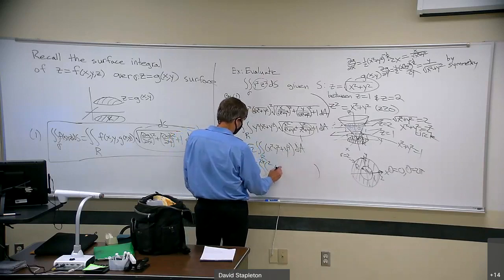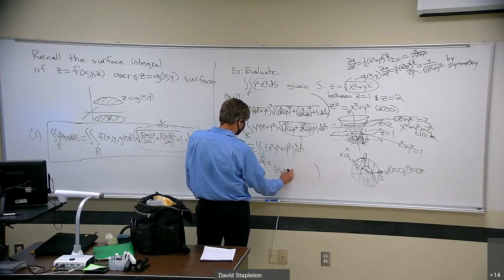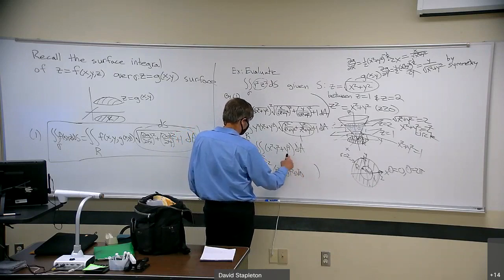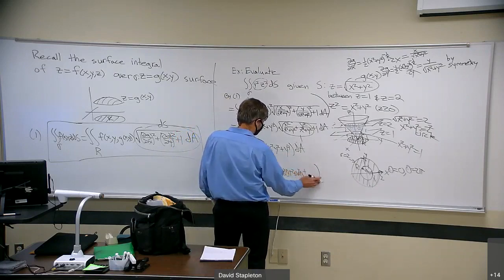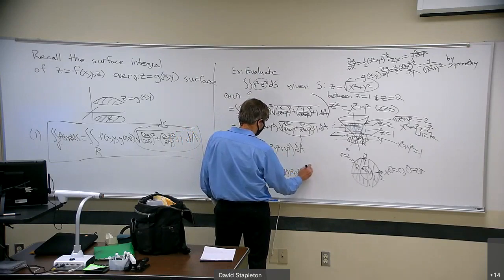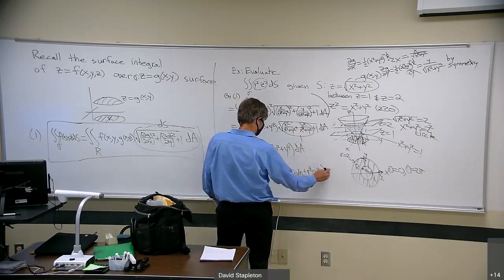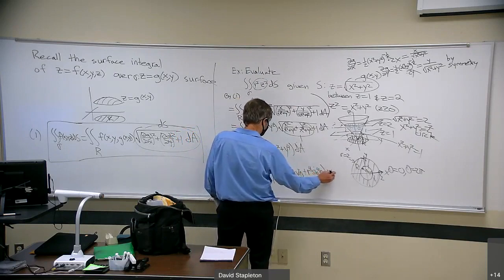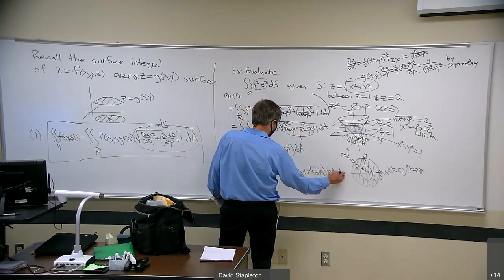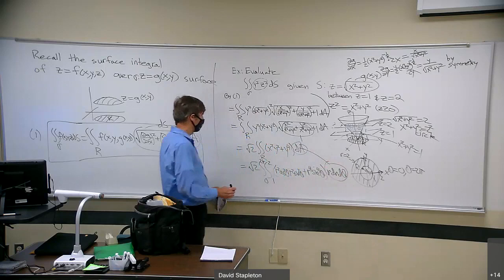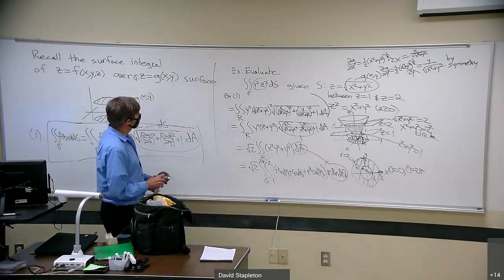So I've got r squared cosine squared theta, r squared sine squared theta, minus or plus r to the 4th sine to the 4th, excuse me, r dr d theta. There's the integral I have to do.